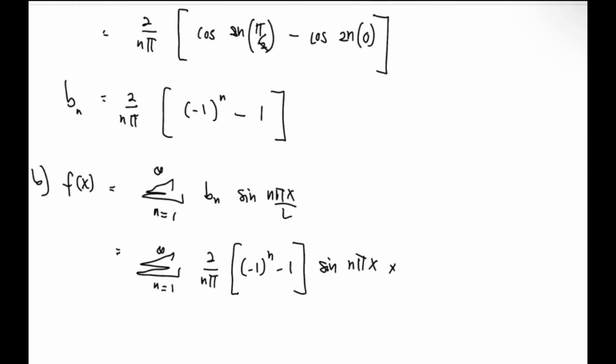Pi over 2 gives 2 over pi, so this becomes 2nx. So this is our Fourier series of the odd function.